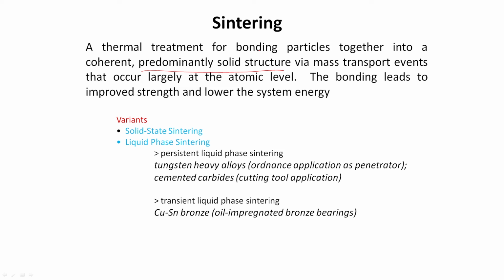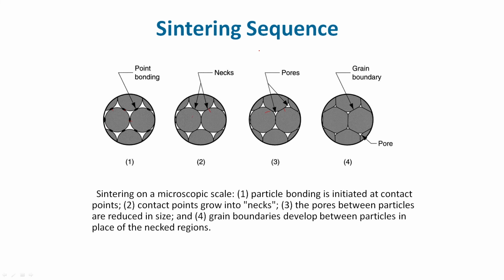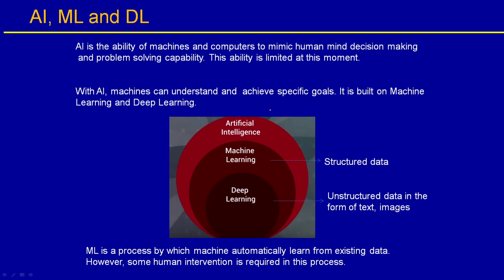Liquid phase sintering uses liquid; you can have transient liquid phase or permanent liquid phase sintering. Most of the tungsten alloys use permanent liquid phase sintering, where a large amount of liquid is produced. This is the sequence of sintering shown. You have powder particles, and these particles are arranged this way, they form a neck, and the neck slowly grows and then sintering happens in these powder particles. Well, that is about the sintering processes.